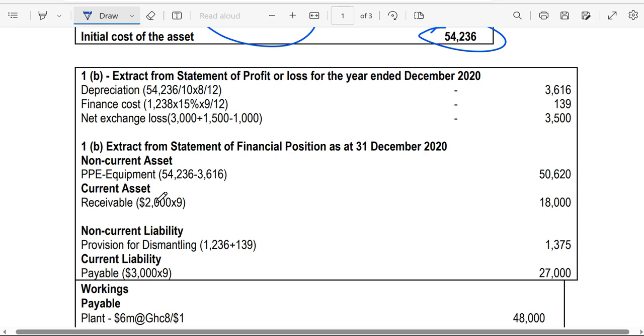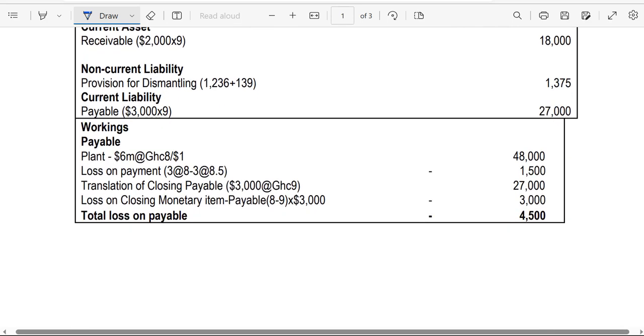Receivable, because they sold goods and the customer paid part of it and part was left, and then there will be payable, the 3 million at 9 as your payable, and then the provision for dismantling will increase the liability, the opening liability plus the unwinding. So that's your extract from the financial statement, just to show you a bit of working.